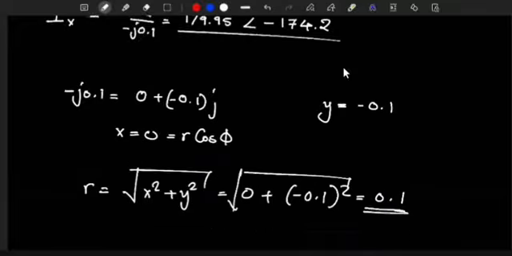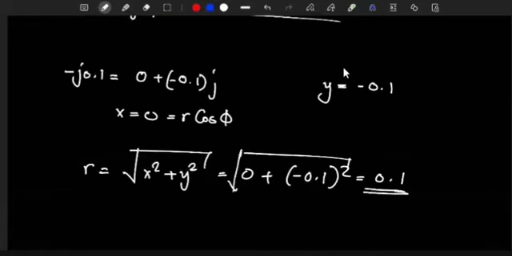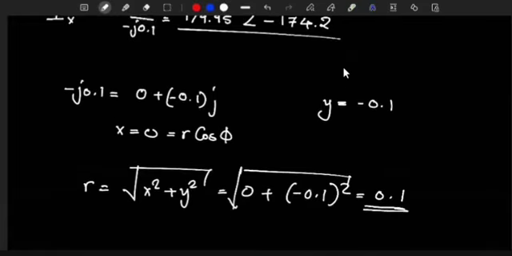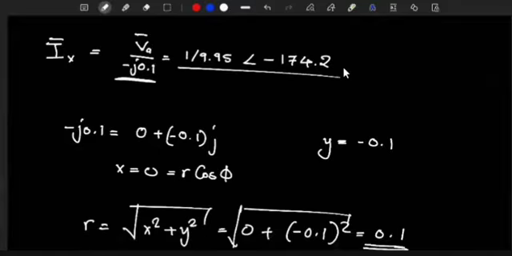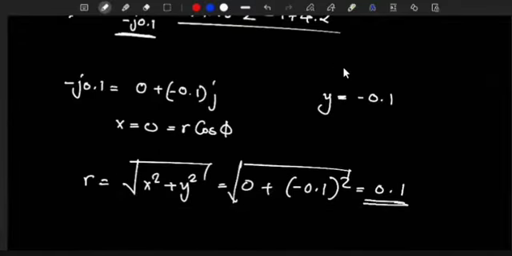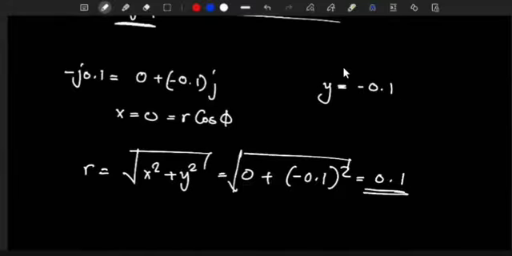So if the peak is that value, then what must be the angle phi so that the value of Y is just negative 0.1? So you want an angle such that, you know Y is equal to negative 0.1.